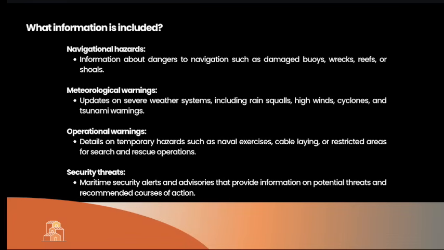Regarding meteorological warnings, these update on severe weather systems, including squalls, high winds, cyclones, and tsunami warnings.